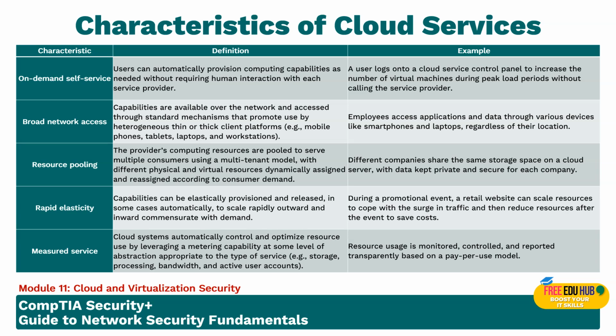An example could be a user logging into the cloud service's control panel to increase the number of virtual machines during peak load periods without calling the service provider. Then we have broad network access. Capabilities are available over the network and accessed through standard mechanisms that promote use by heterogeneous thick and thin clients, for example, mobile phones, tablets, laptops, and other things like that.